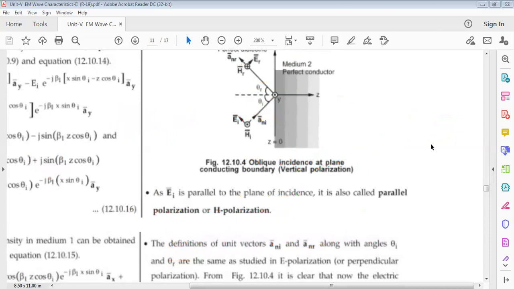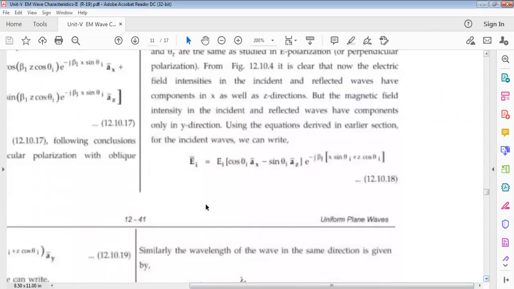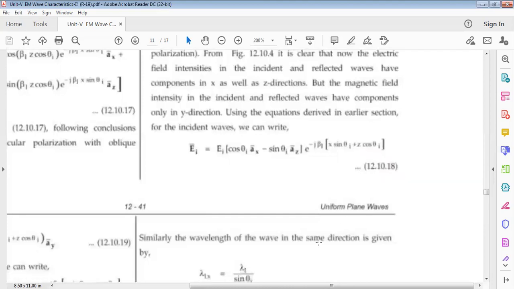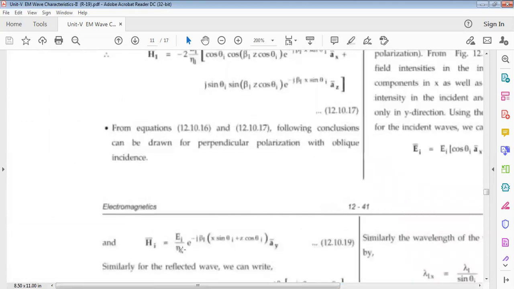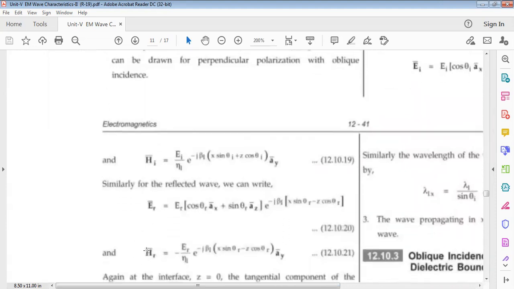E_i in vertical polarization. In vertical polarization, we got E_i is equal to, and H_i is equal to. Now, first of all, you can find the H_r. What is H_r?